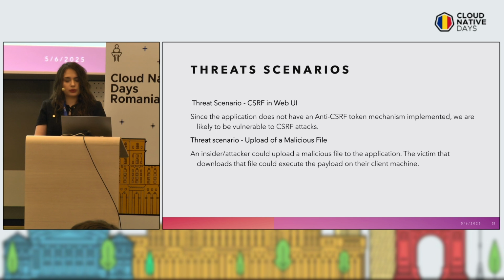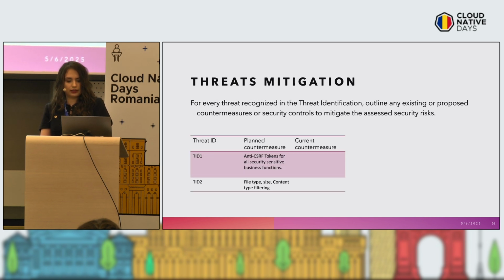The next part would be identifying some of the threat scenarios. For this particular product, CSRF in the web UI is one common threat, and I will show what would be the mitigation for it, especially in the payment methods. CSRF would mean that an attacker would exploit a scenario and gain unauthorized access to a method that should not be revealed.